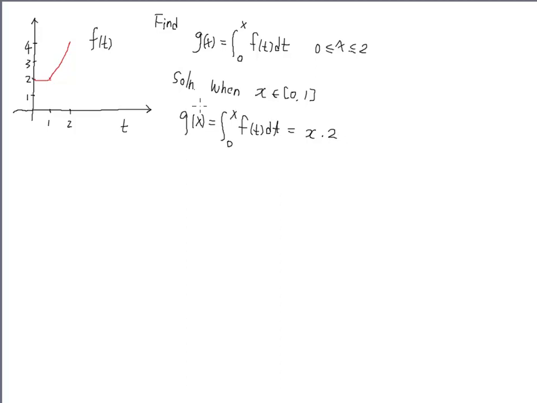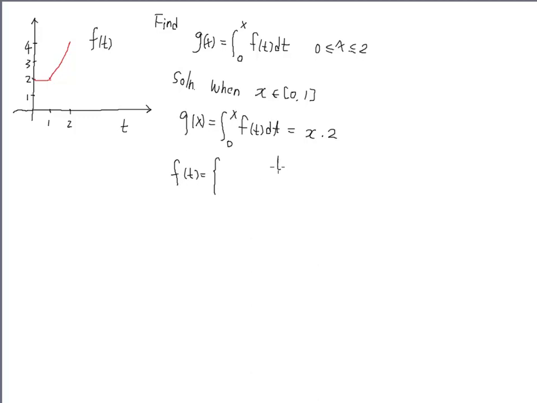In fact, we can get the same answer if we find the formula for f of t first. If we look at the expression for f of t, first of all, we see that f of t is, as we discussed, piecewise.